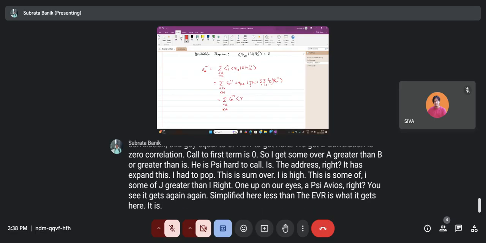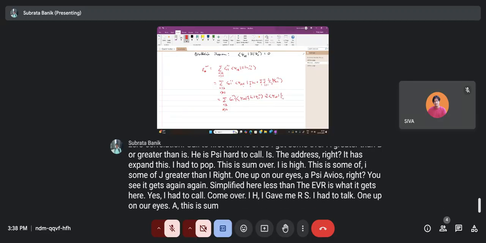It gets psi Hartree-Fock, sum over I of H I, psi A B R S, plus psi Hartree-Fock, 1 upon R ij, the sum over I, sum over J greater than I.